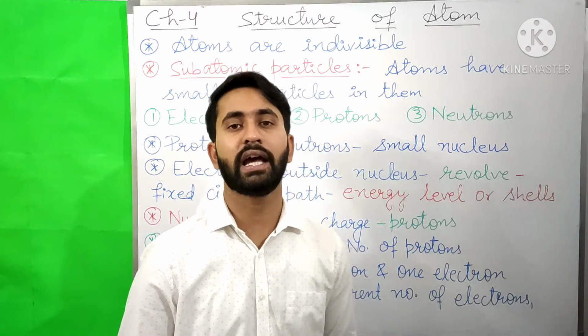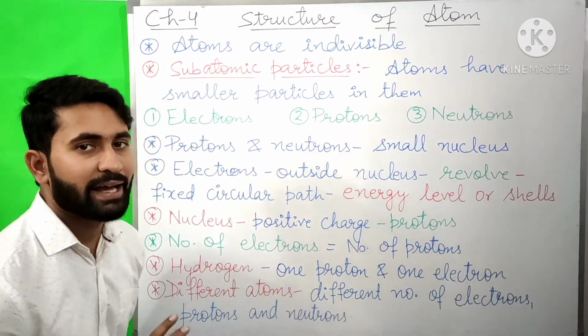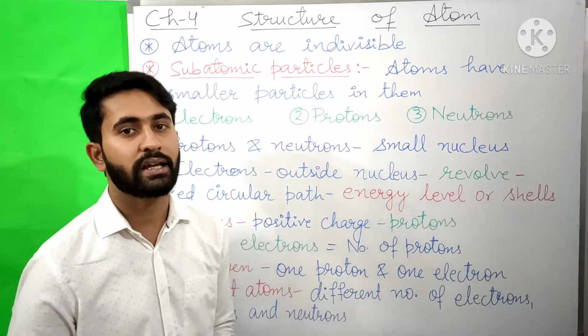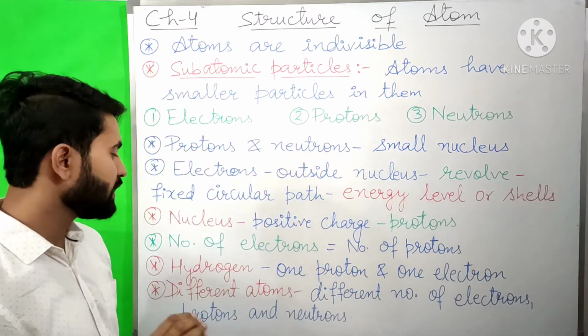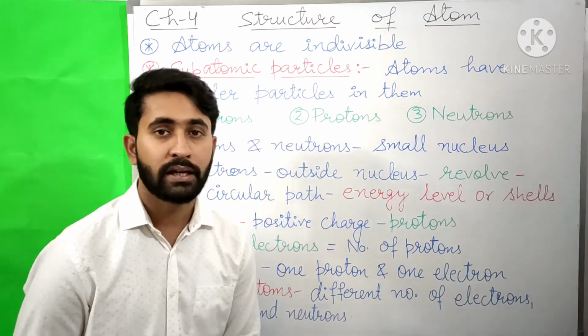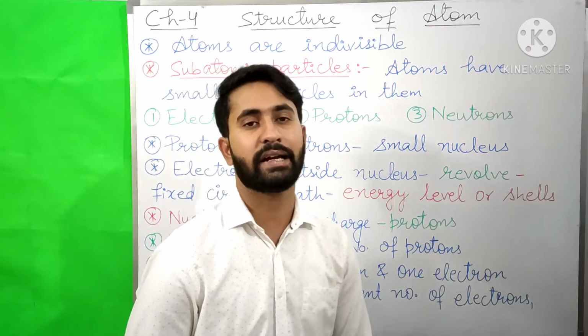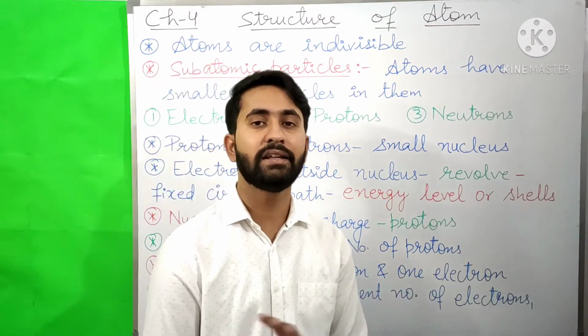Atoms of all elements are made up of electrons, protons and neutrons, except the hydrogen atom. It contains only one proton and one electron. The hydrogen atom does not have any neutron.